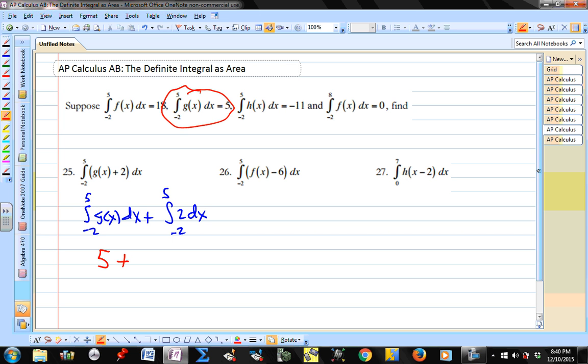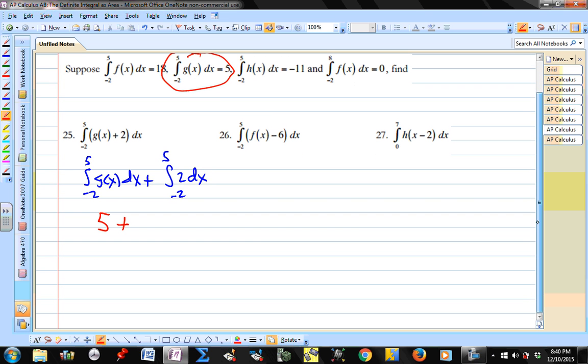Now integrating 2 is going to take just a little bit of thought. If you think of y equals 2 as a function, and you graph this function, here's y equals 2.